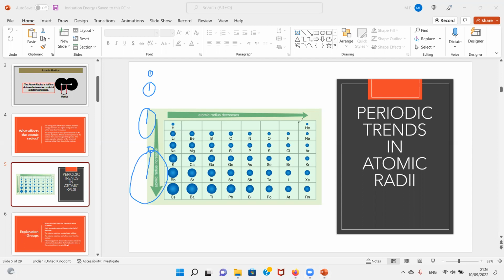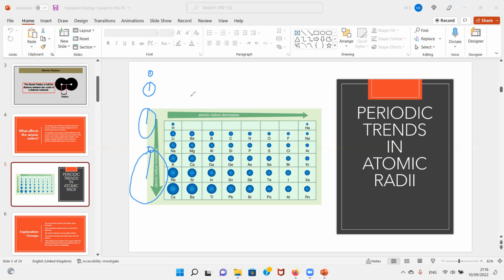On the other hand, when you go across the period, what will happen? The atomic radius will decrease. Somebody may ask, but we are adding electrons as we go across the period. Yes, you are adding electrons, but you are adding them to the same shell. And because the number of protons is also increased, there are two forces here.